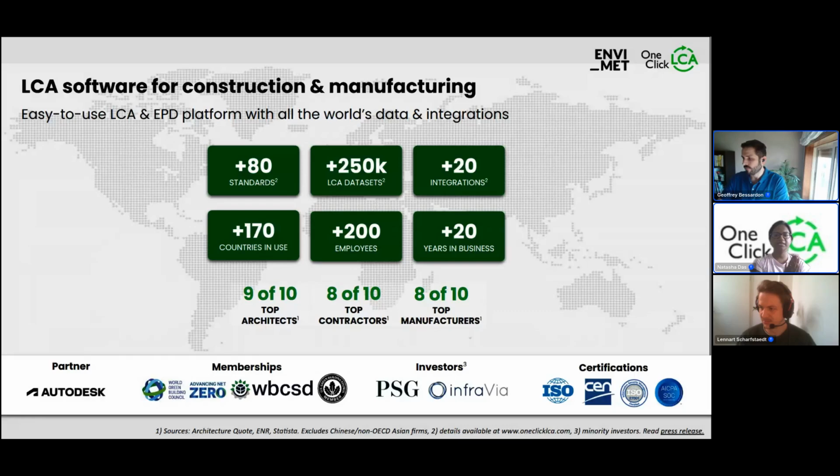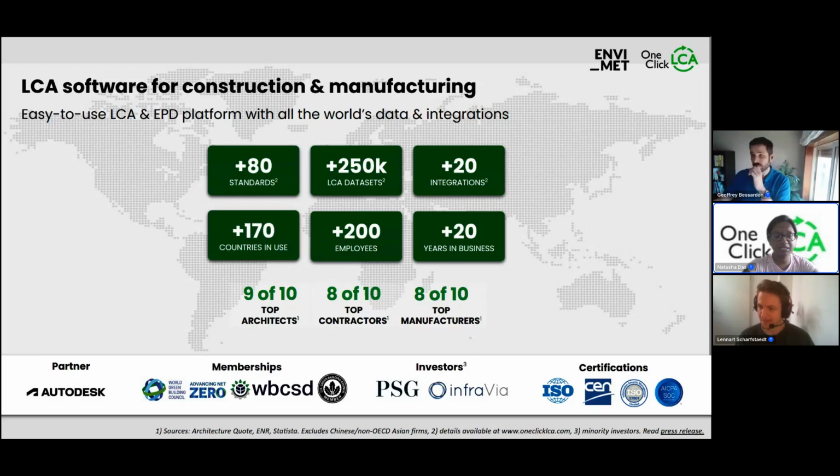So you can get a product LCA, get it third party verified, and get a third party verified EPD using our software as well. We work with the various green building standards that are out there. So if you want to do an LCA for LEED, you can work on it. If you want to do an LCA for BREEAM, for Envision, for PAS 2080, you can use our software.